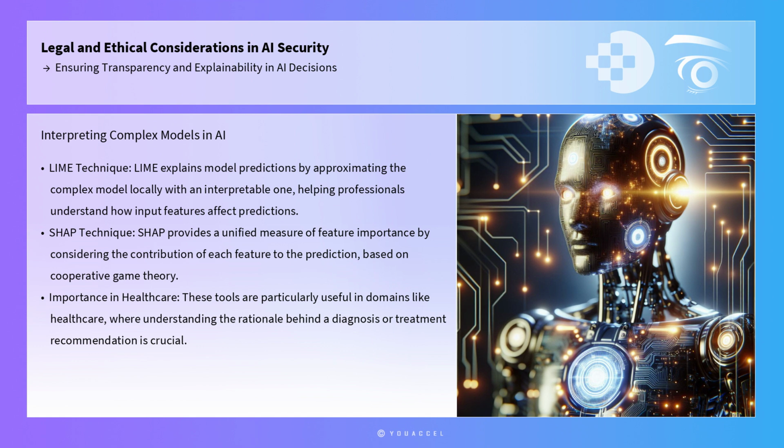This technique allows professionals to understand how input features affect predictions for individual instances. SHAP, on the other hand, provides a unified measure of feature importance by considering the contribution of each feature to the prediction, based on cooperative game theory. These tools are particularly useful in domains like healthcare, where understanding the rationale behind a diagnosis or treatment recommendation is crucial.